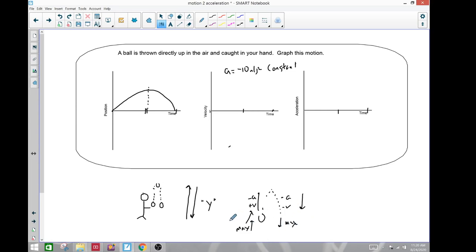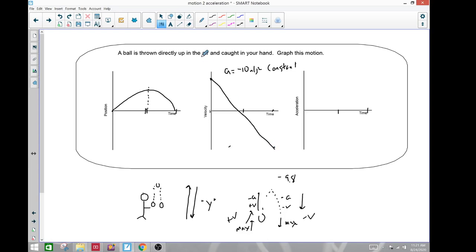The slope is negative 9.8, which means this is a negative slope. So I'm going to say this might be my maximum top speed right here, and the line is just going to be straight through here.